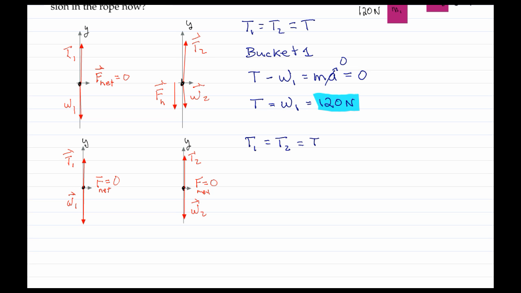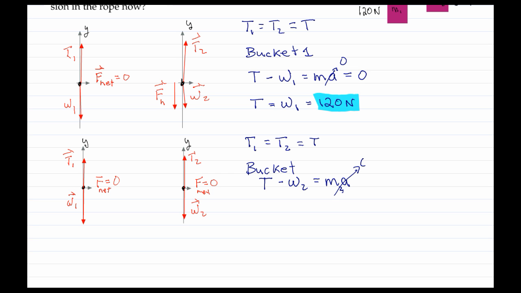Now let's consider bucket number 2, and we'll write Newton's second law out for it. We have the tension force, which is upwards, so we have T, and weight is downwards, so its y component is negative W2. And Newton says this is equal to mass times acceleration. That's mass 2, by the way.